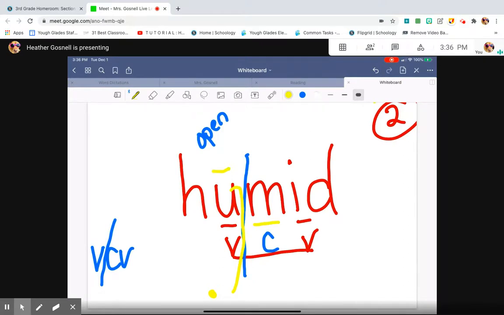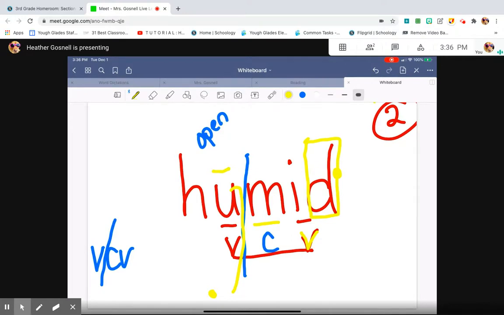Now it's time for our second syllable. What do we have here? We have a consonant and we have a vowel. And what's after that vowel? It's a D. It's a door. That D is a consonant protecting that vowel. It's acting like a door. No, you're not. I'm not letting you go.